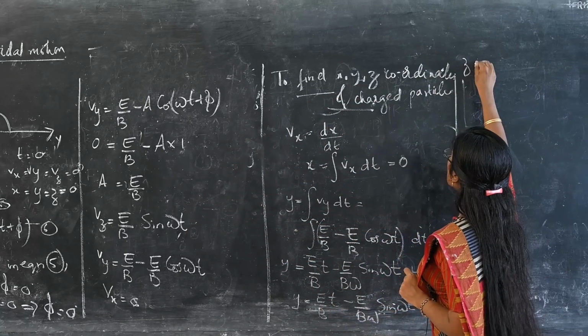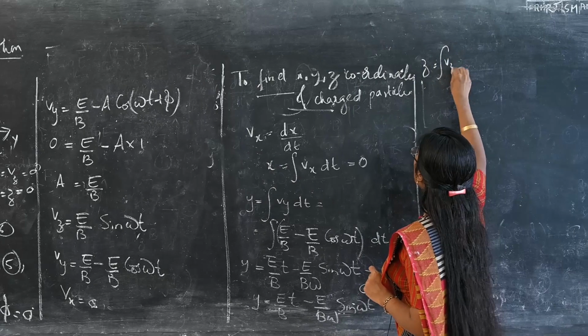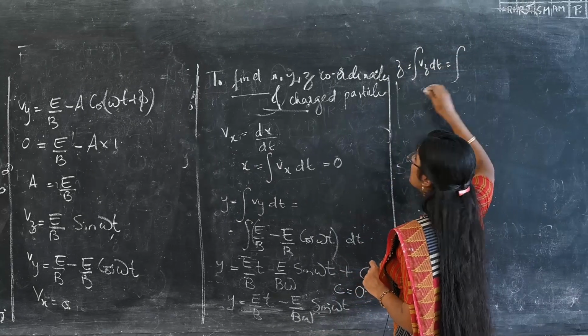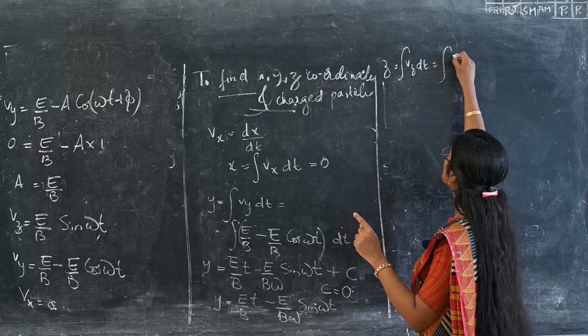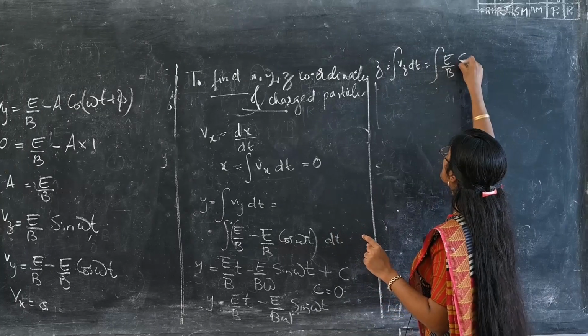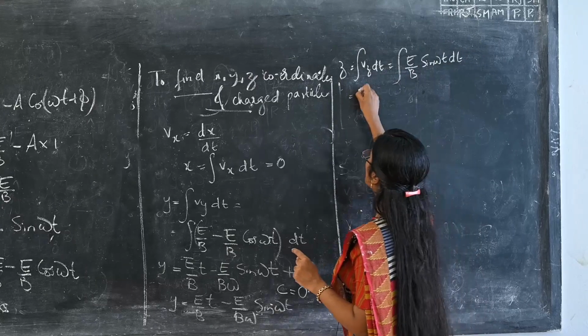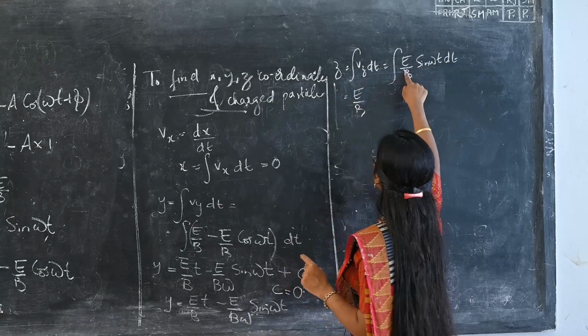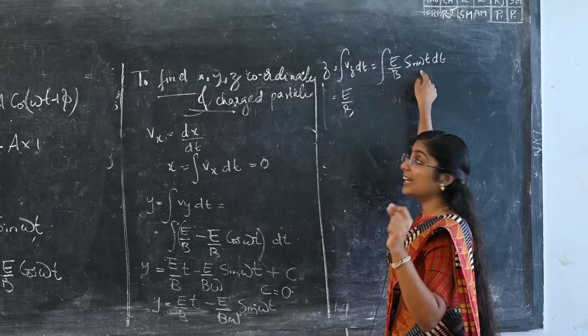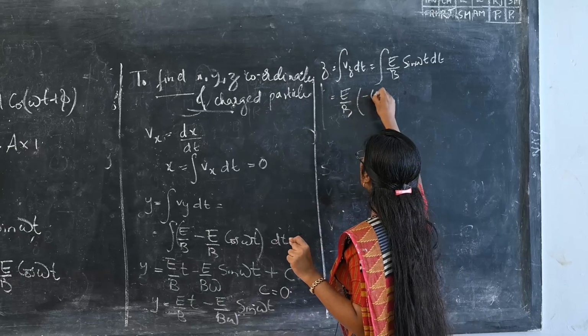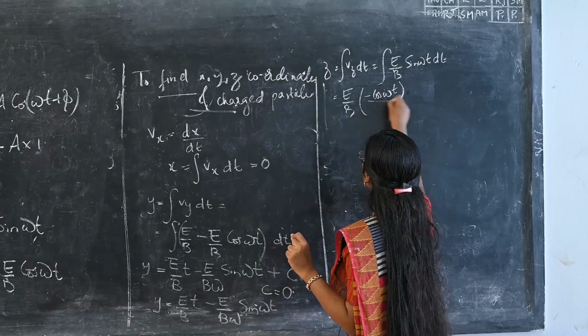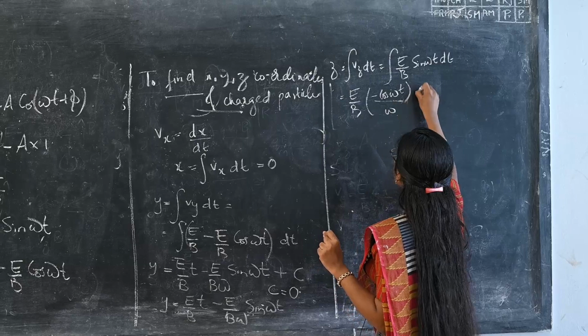So z is equal to integral Vz dt, that is equal to integral E by B sin omega t dt, that is equal to E by B. Integral of sin omega t is minus of cos omega t by omega plus c.